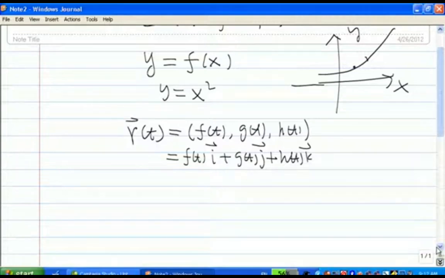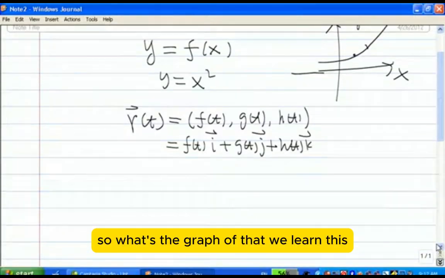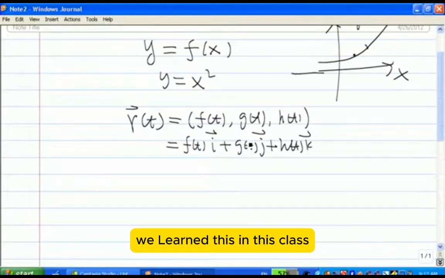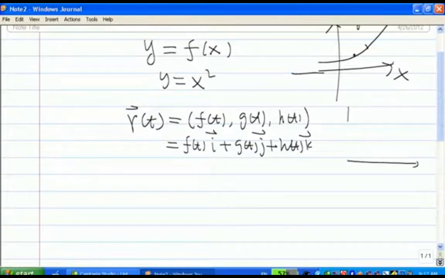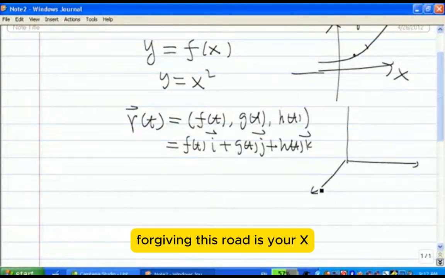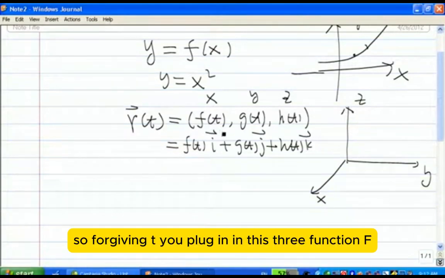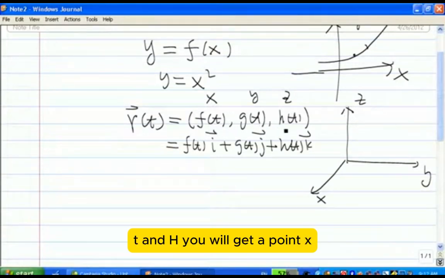So what's the graph of that? We learned this in this class. So you can imagine, this really is your x, y, and z. For a given t, you plug in these 3 functions, f, g, and h. You will get a point x, y, z.